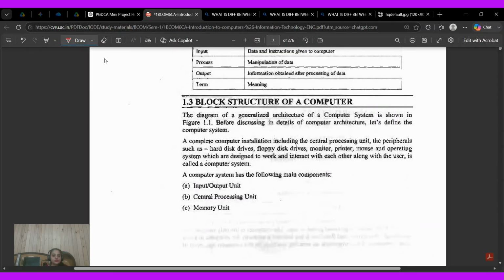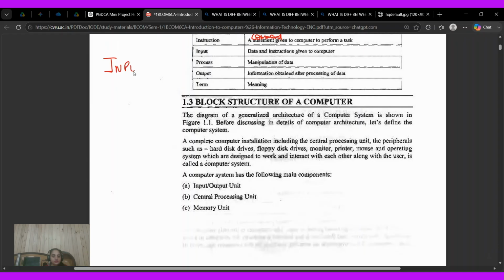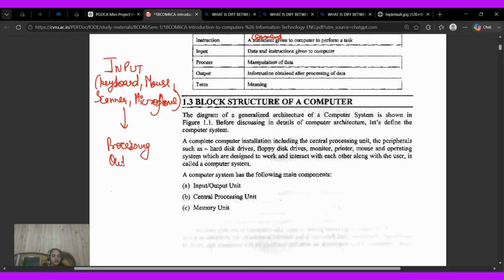Input is in the form of keyboard, mouse, scanner, microphone. Now processing and output.